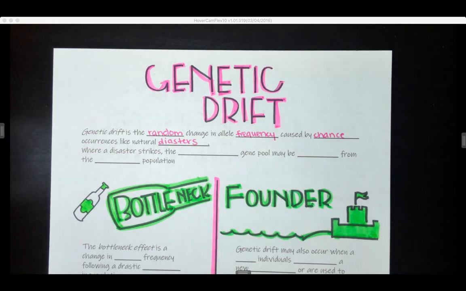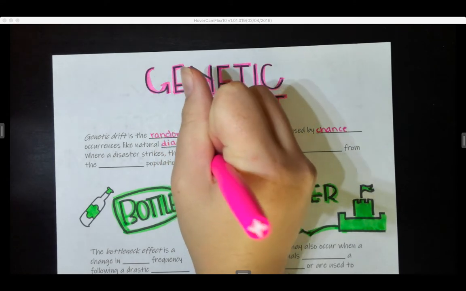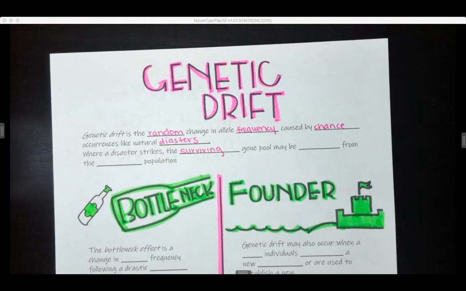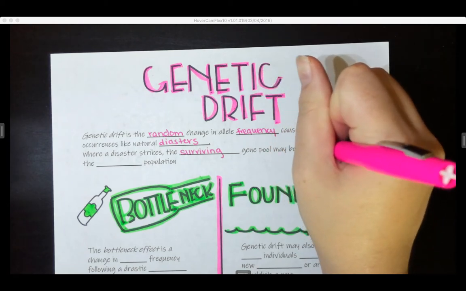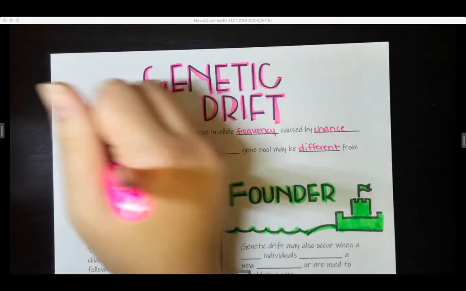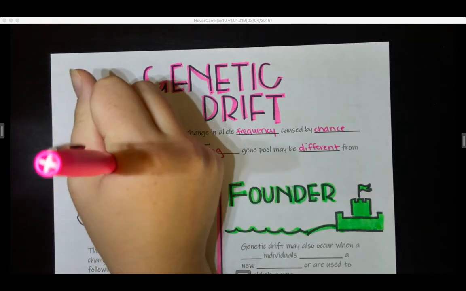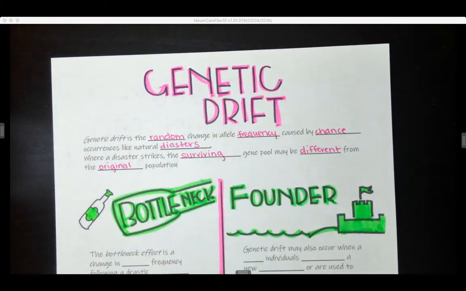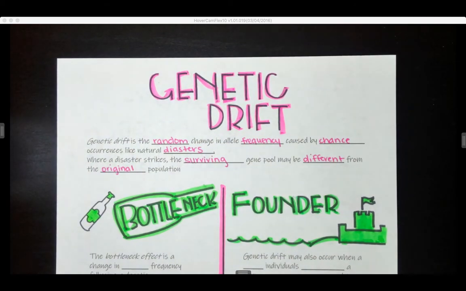So when a disaster strikes, the surviving gene pool may be different from the original population. So perhaps all of the individuals that were a specific, just for example, a specific color were hanging out closer to the volcano for whatever reason.